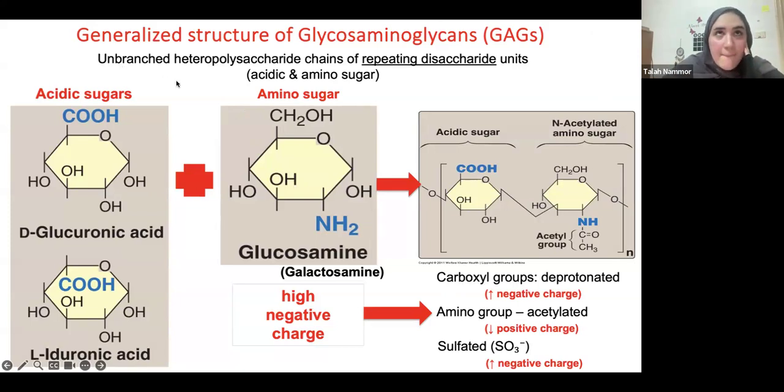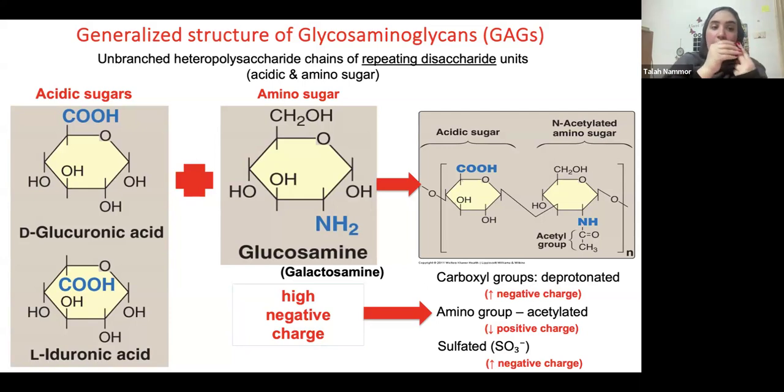But in glycosaminoglycans, the carboxyl groups get deprotonated. A proton from the carboxyl group is removed, and a proton means a positive charge, so a positive charge is removed and we have a negative charge. So this will increase the negative charge. That's the first thing that will happen.